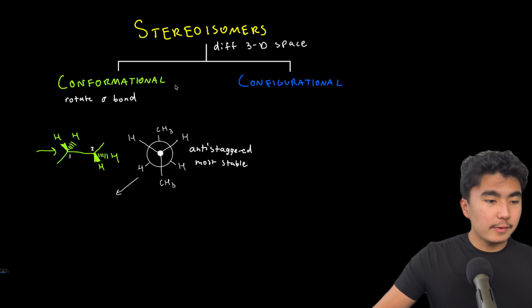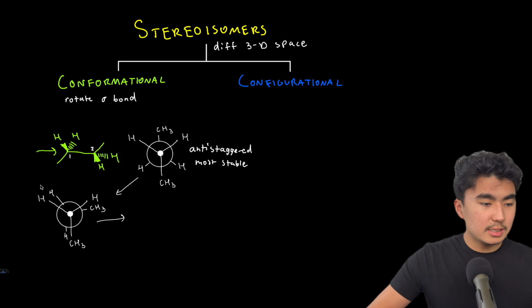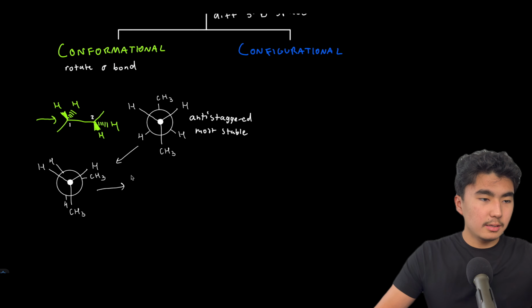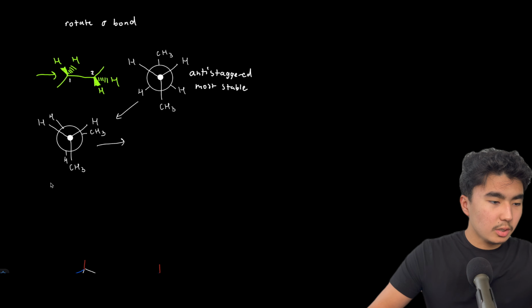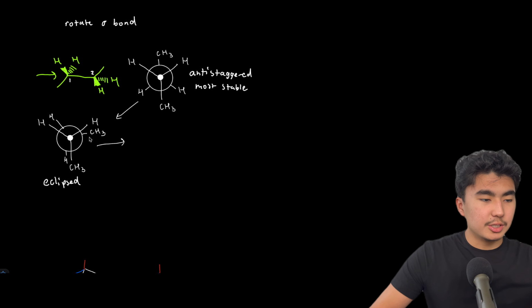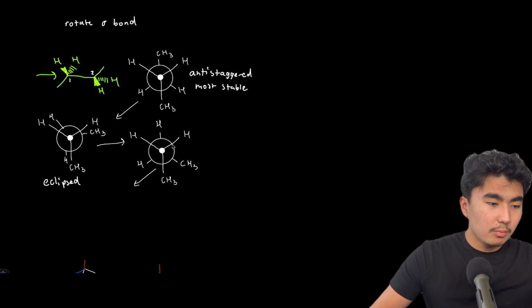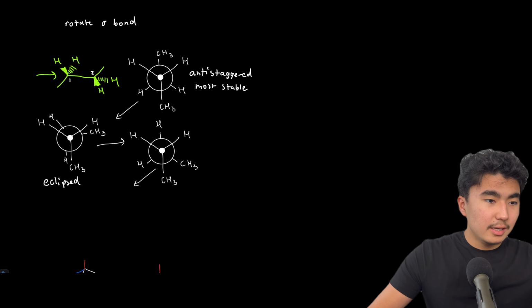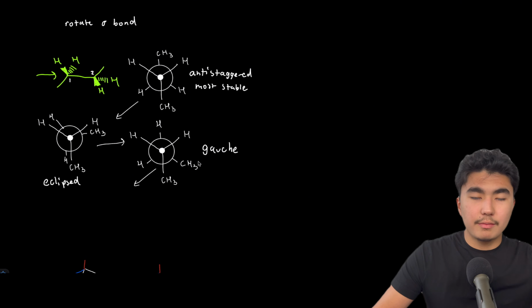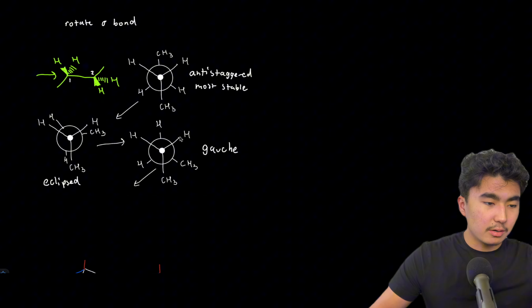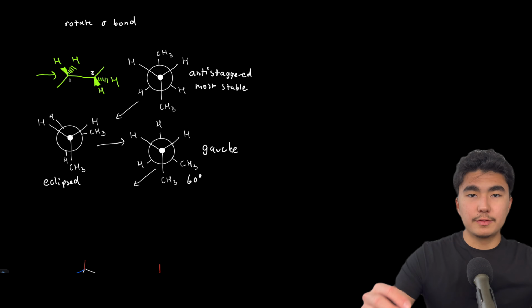Now, if we move our Newman projection 60 degrees, we get the eclipsed position. Here, they are 120 degrees away. Then if we move it one more time, another 60 degrees, we get the gauche position. In our gauche position, those bulky substituents are 60 degrees away from each other.